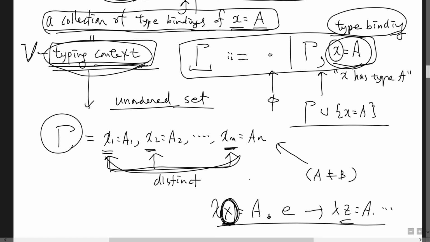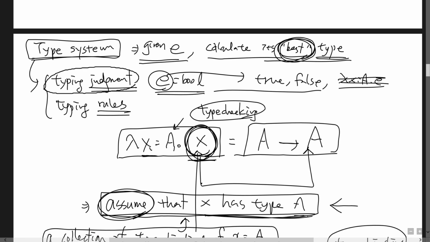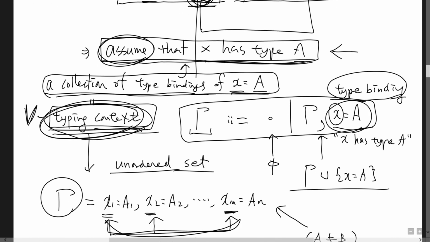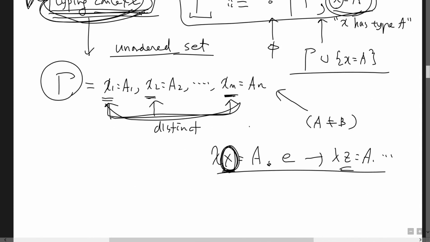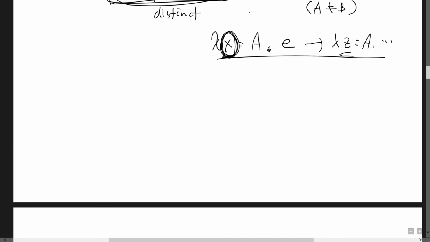Now we have defined this typing context, and it's time to introduce the typing judgment and typing rules. Let's first talk about the typing judgment. The typing judgment takes this form: gamma turnstile expression E colon A. This symbol looks like a turnstile.